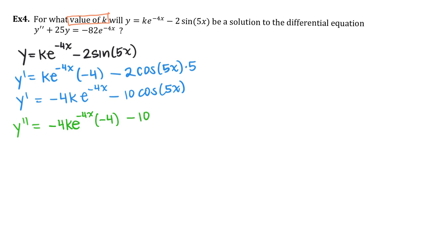Minus 10. The derivative of cosine is negative sine, so this negative is going to make it positive. And then chain rule times 5. Okay, let me make it look a little nicer. Negative 4 times negative 4k gives positive 16k e to the negative 4x plus 50 sine of 5x.